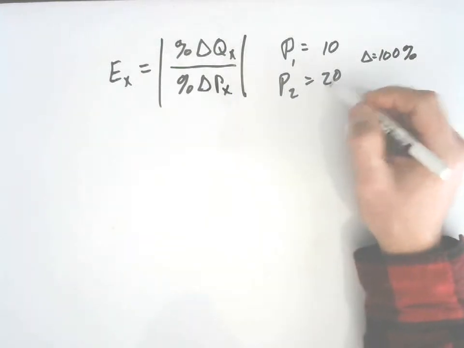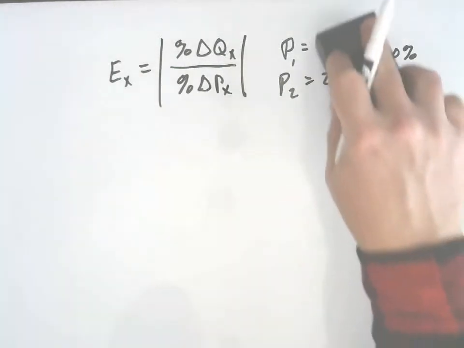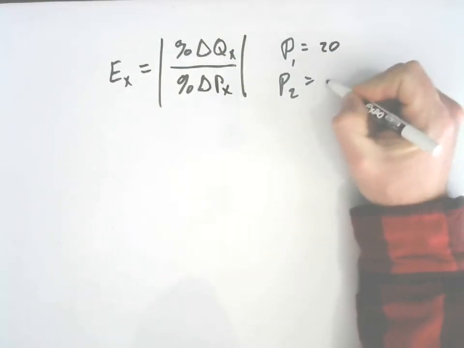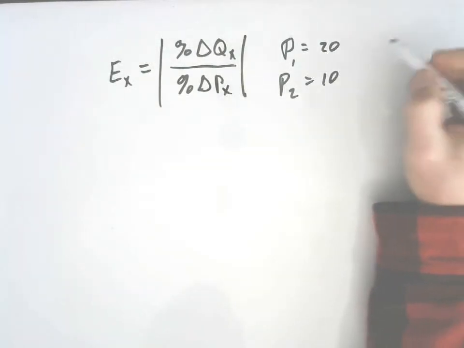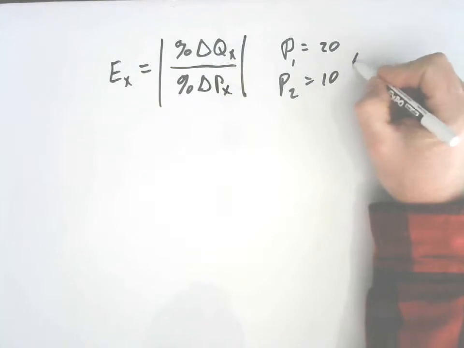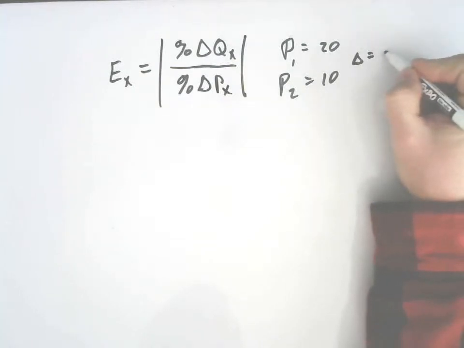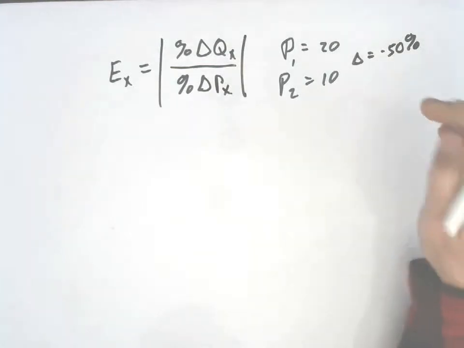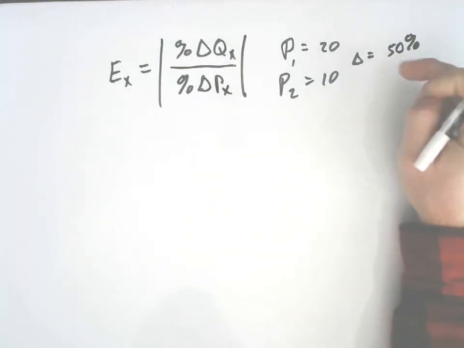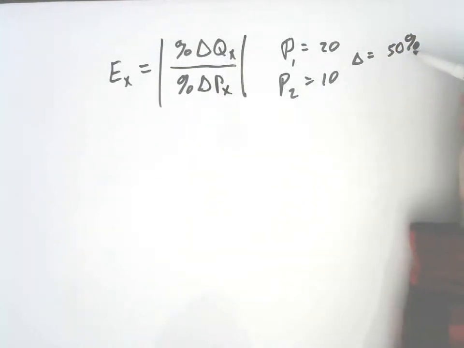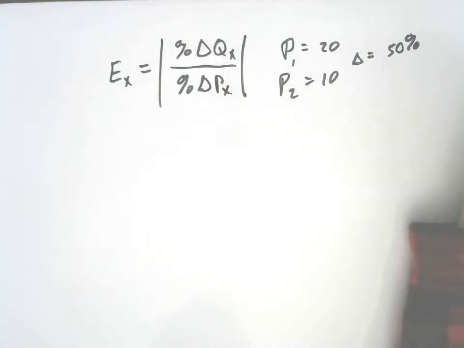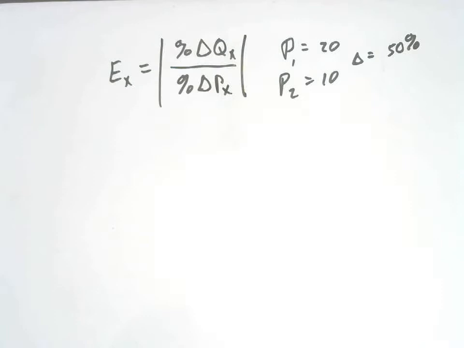But if the price was $20 and we reduce it to $10, that change is equal to a negative 50%. Even if we take the absolute value, you can see the difference. The first change was a 100% increase, but the second change was a 50% decrease.